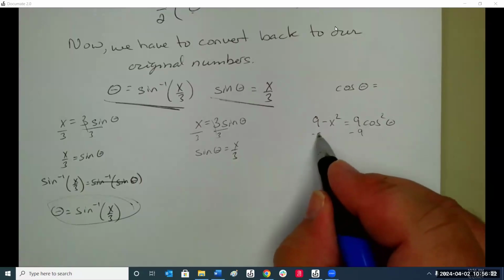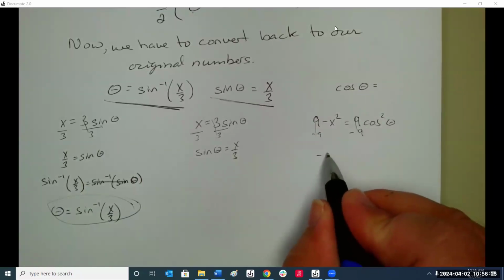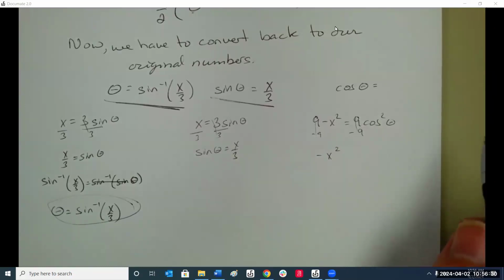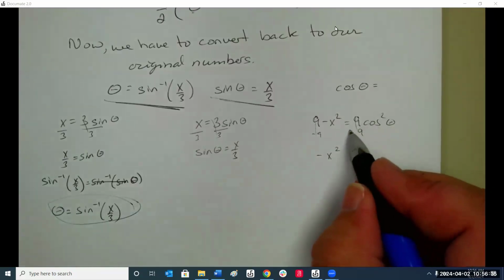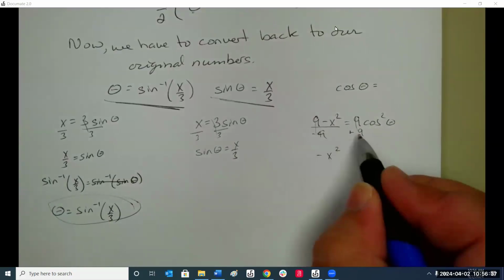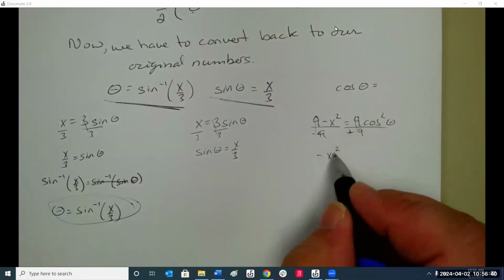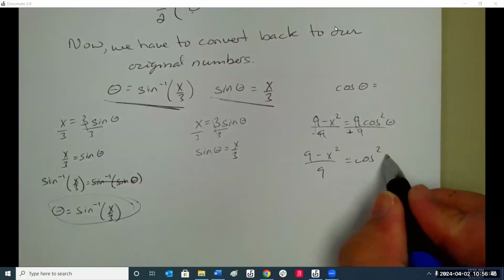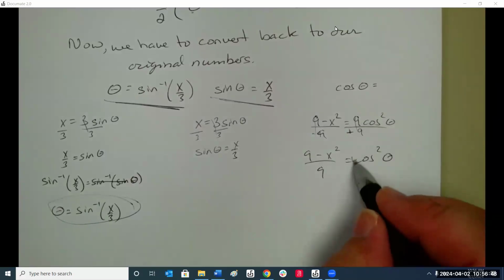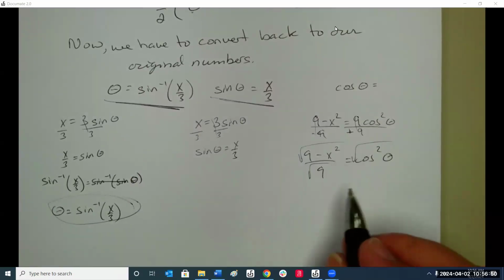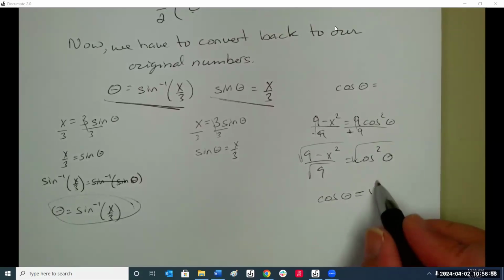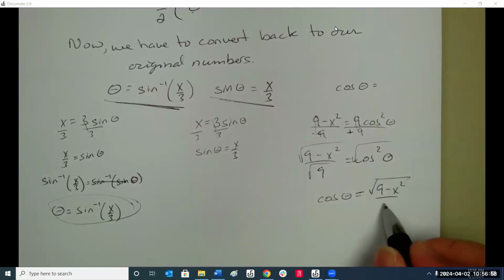So I subtract 9 from both sides. No, not subtract. I have to divide by it, because it's multiplied to it. Now I square root the top and the bottom. So cosine theta equals square root of 9 minus x squared over 3.